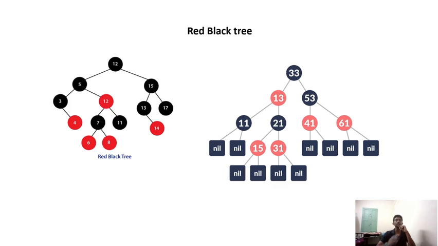And the right side always has values greater than it, satisfying the binary search property. If any of the properties I have mentioned before is missing or not satisfied, it means that it's not a red black tree, and we have to convert it into a red black tree.